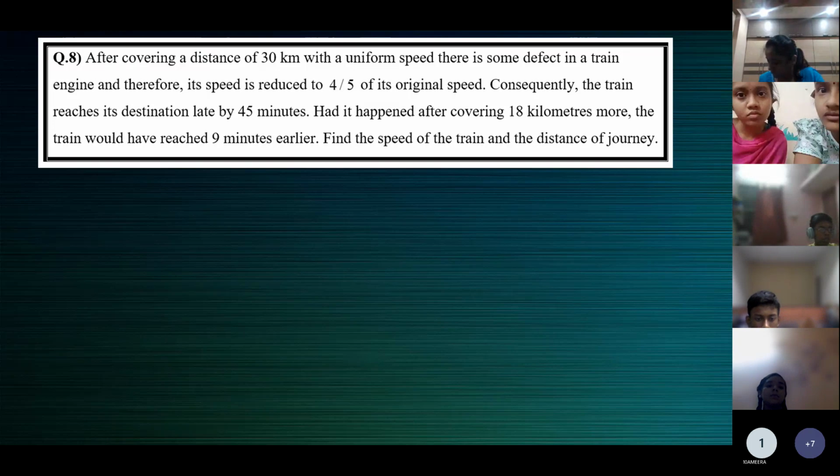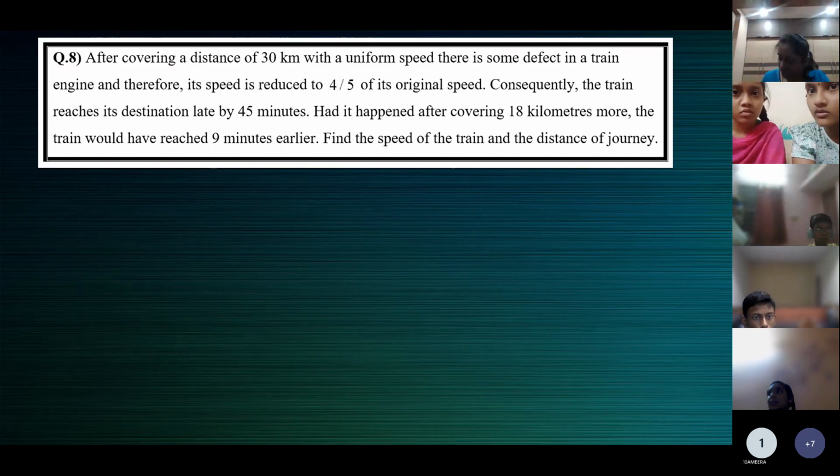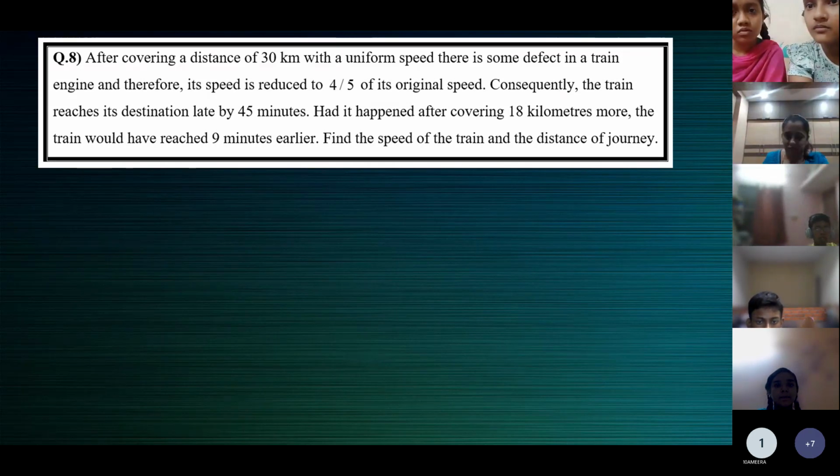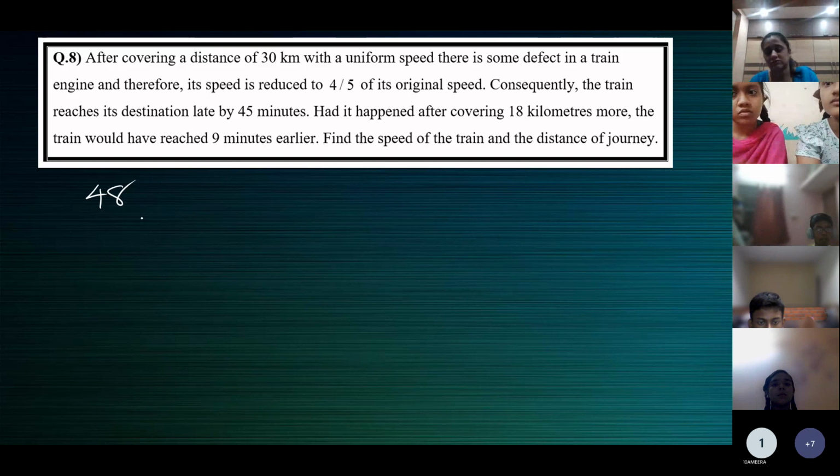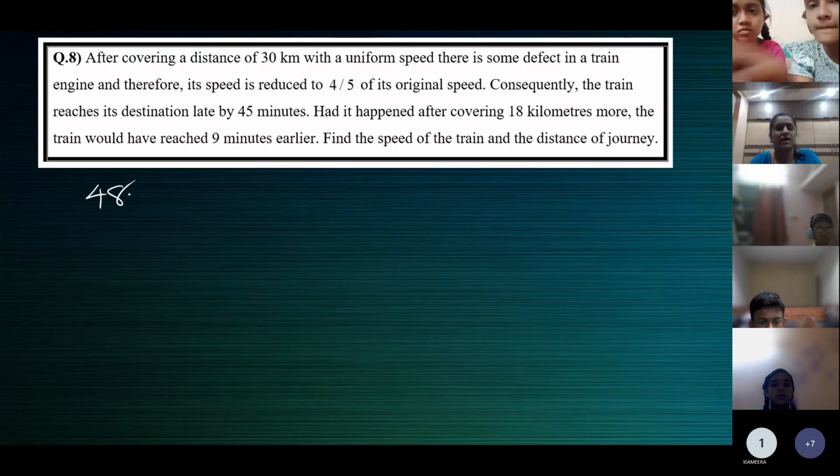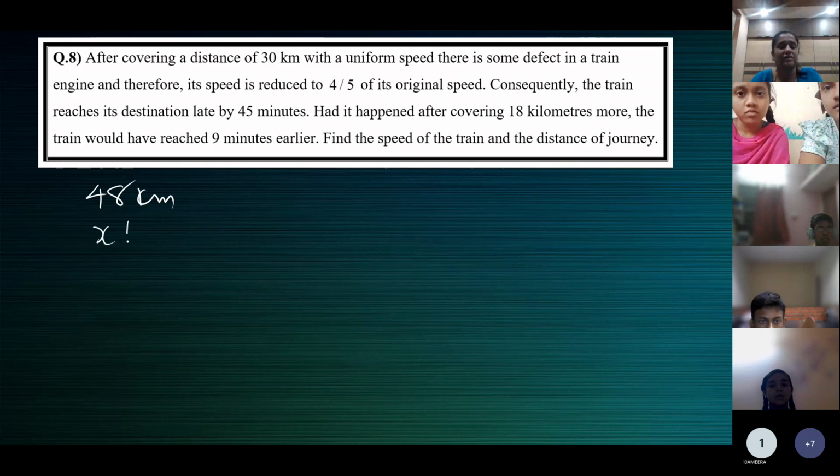Yes, children, in the second case, what distance is covered at the usual speed? 48 kilometers, ma'am. Who said that? Sneha, ma'am. Yes, 48 kilometers at the usual speed x kilometers per hour. What's the remaining distance?